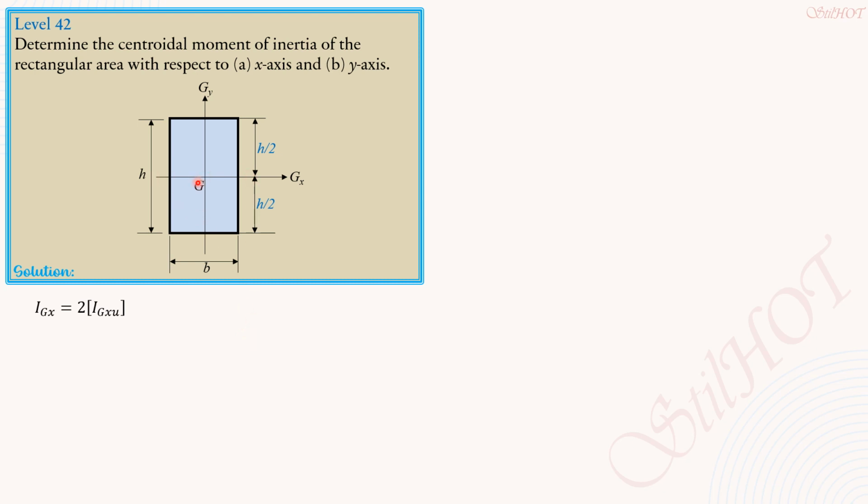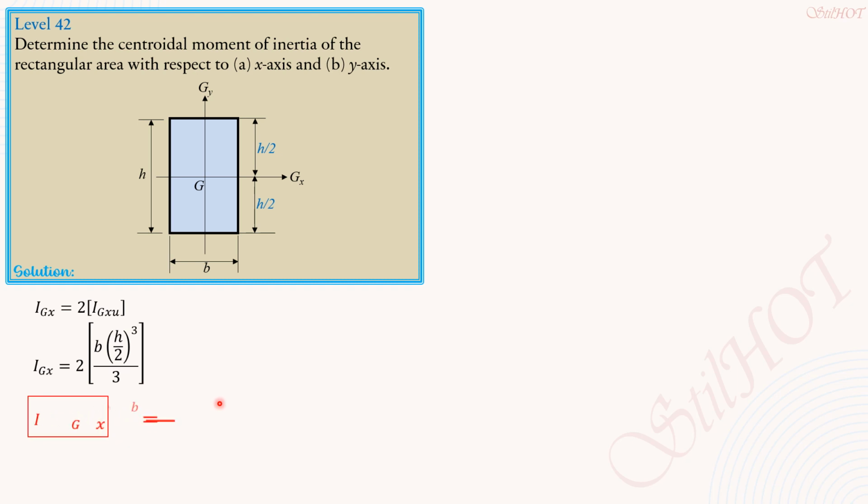So the formula is b height cubed over 3, but the height that we're going to use here is half of h, because this is h over 2. So IGX is 2 times quantity b times h over 2 cubed over 3. Since this is 8, 2 times 1 over 8, bh cubed over 8 times 3, so 2 times bh cubed over 24 is bh cubed over 12.